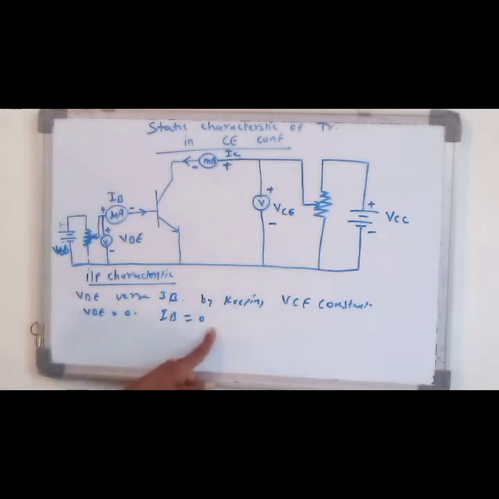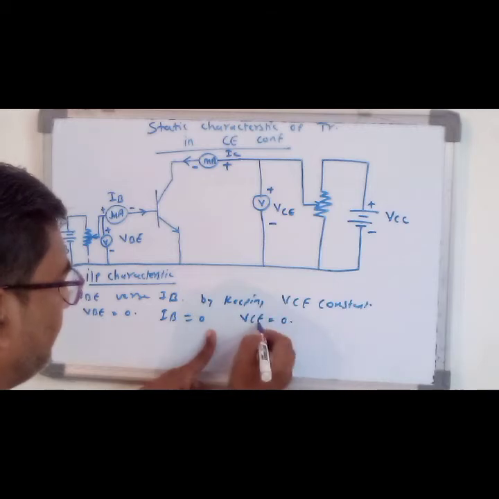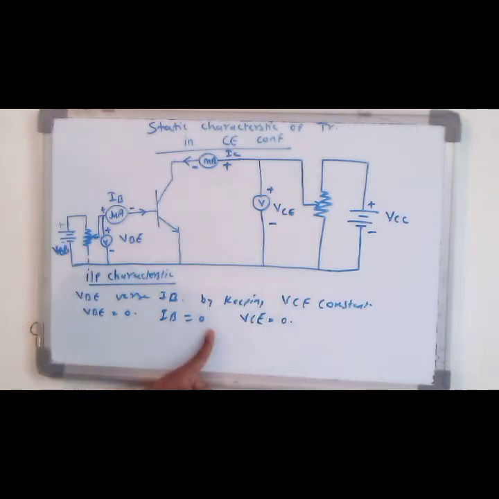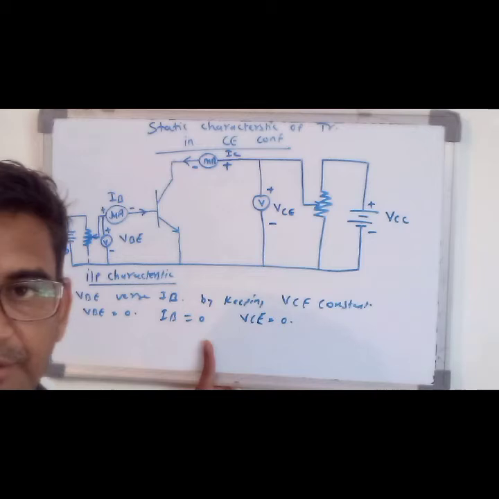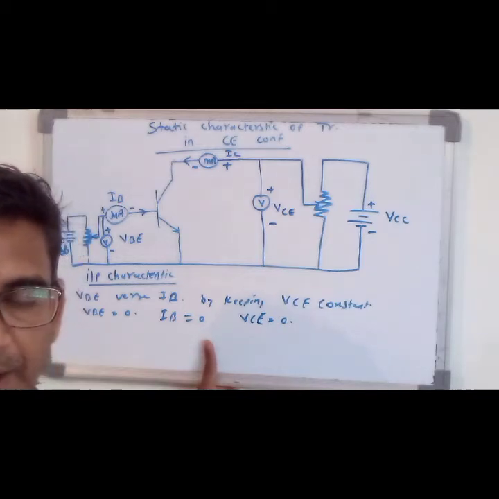Okay, so this is the first value which we have got, and then when VCE value is 0, at that particular instant the VB starts increasing slowly.